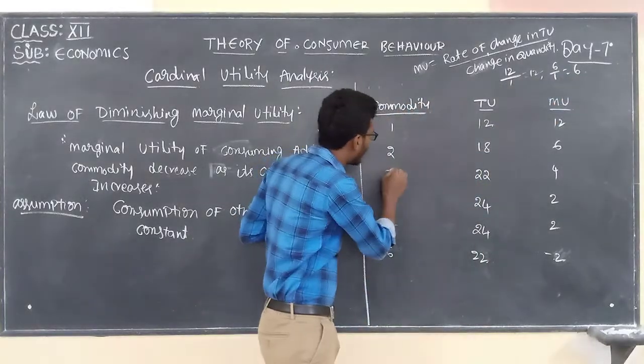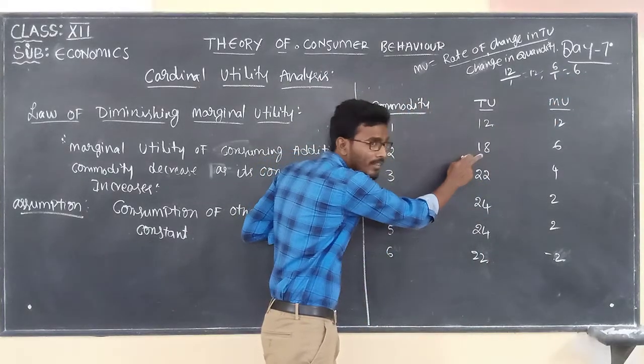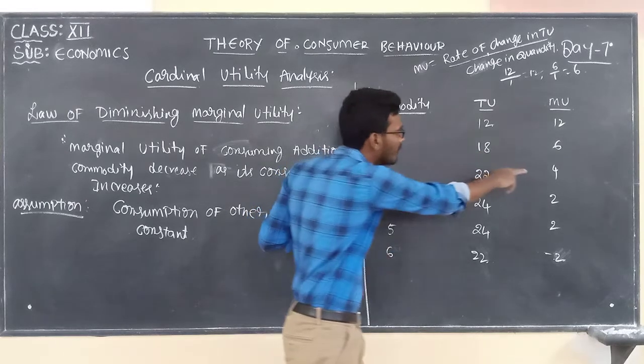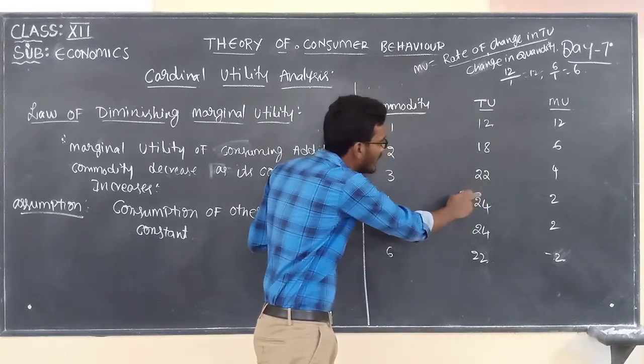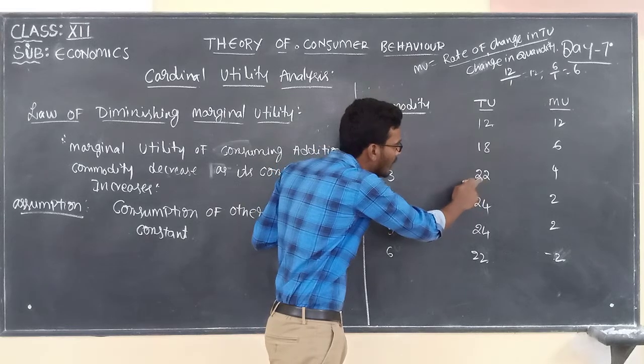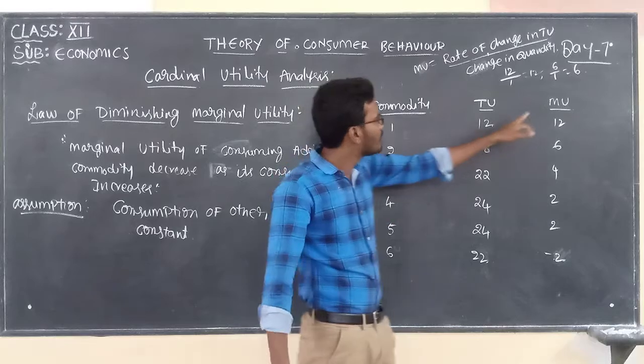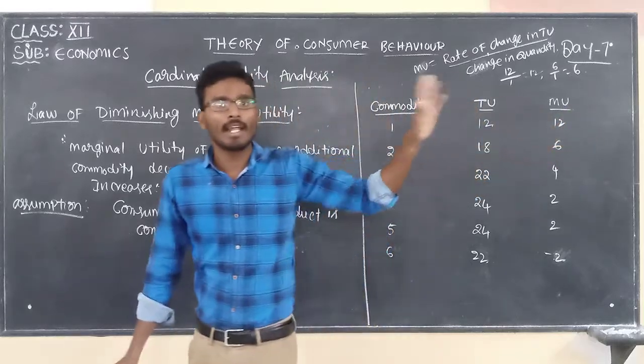After that, the total utility of the third product. What is the difference between 18 and 22? 4. 4 by 1, 4. After that, the difference between 22 and 24 is 2. 2 by 1, 2. Likewise, marginal utility will be derived.